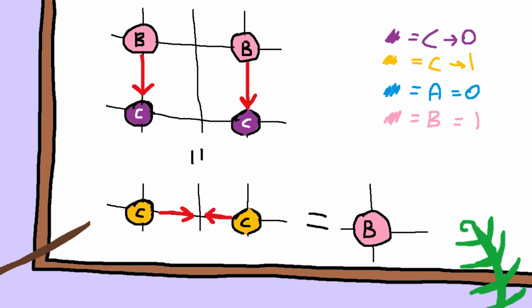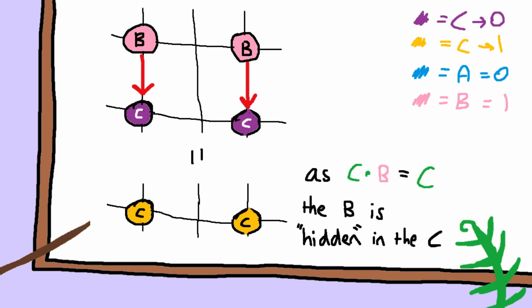If we fuse the C anyons that came from nothing with a B anyon, then when we fuse our C's back together, we'll get a B anyon. This comes from the fusion rule of C fused with B gives us C. We still get a C back, but it's like we've hidden a B anyon inside of it.